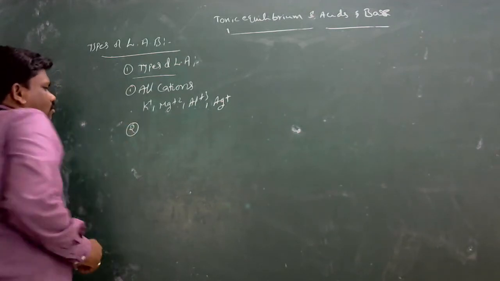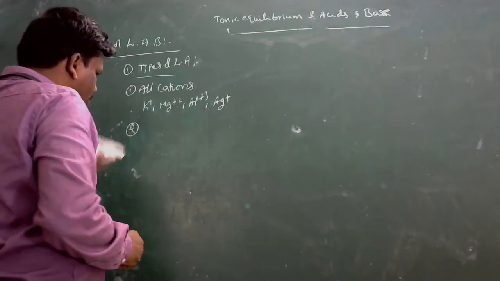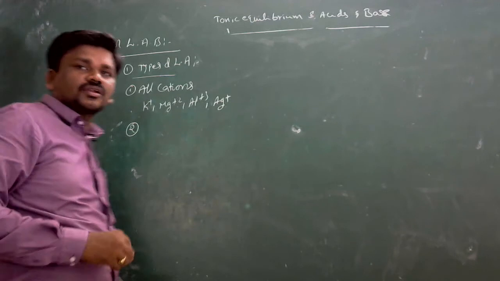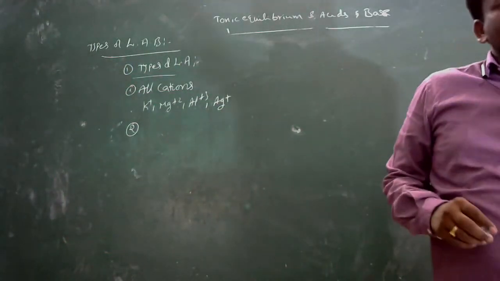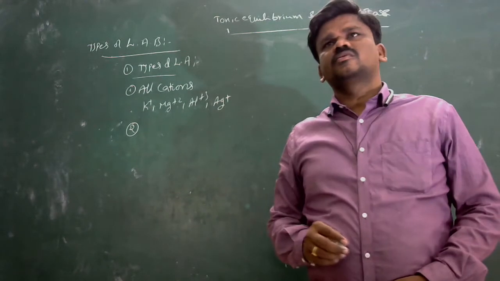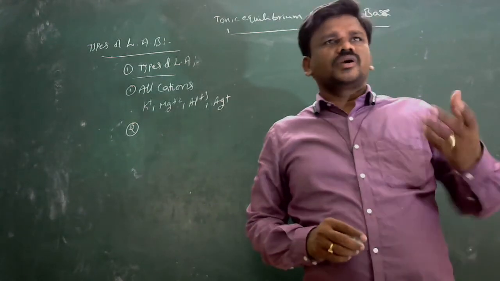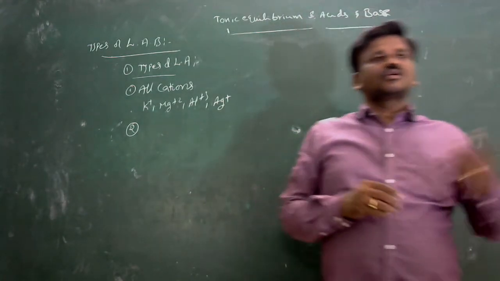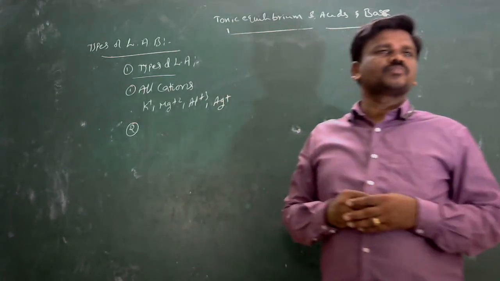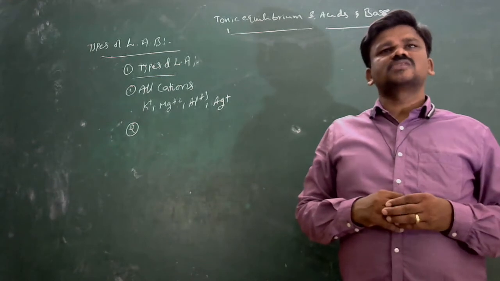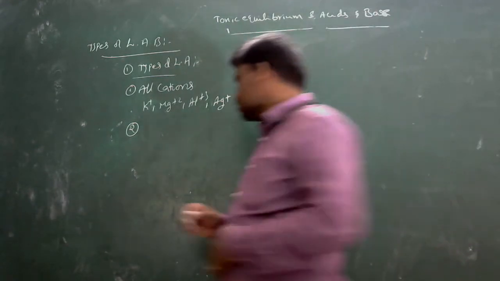Another one: molecules having less than octet configuration, very important. Given compounds, write the Lewis acid. The first are all cations and the second are molecules having less than octet configuration.